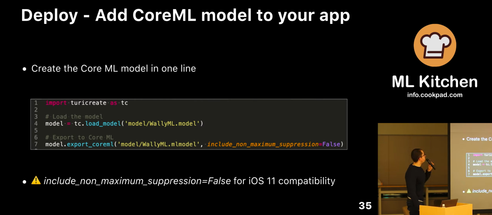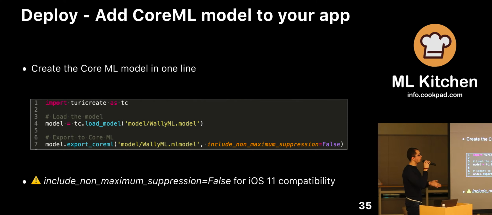And the last step: deploying, or adding Core ML into my iOS application to use the Wally detection. So I can just load the model I previously created, and export it with one line. You have the include non-maximum suppression option for people that use iOS.